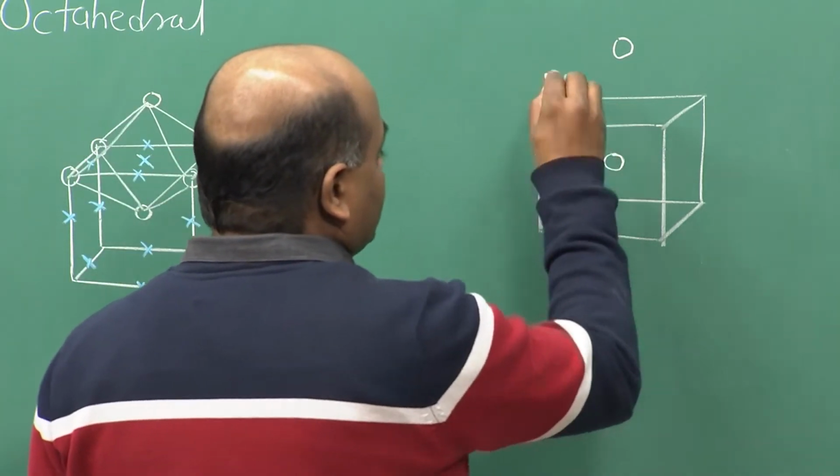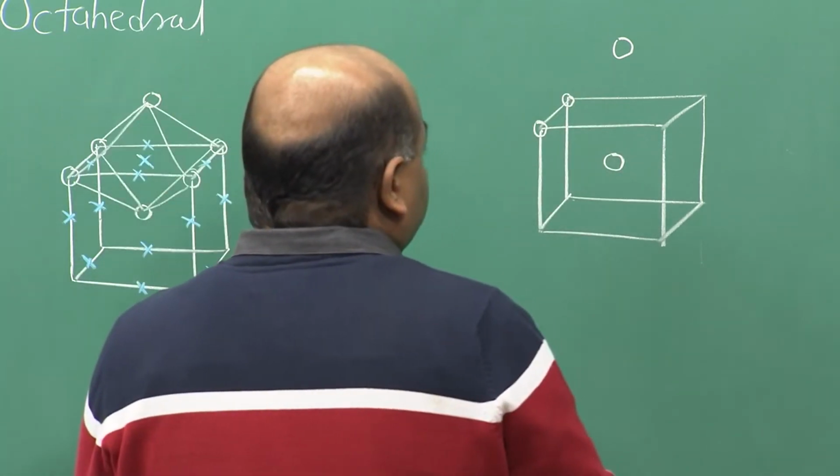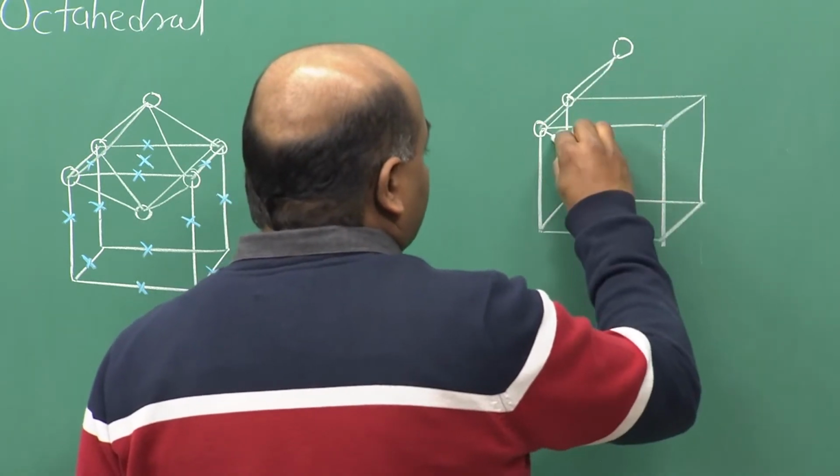Consider the 2 side corner atoms in between them, and you can join them to form a tetrahedron.